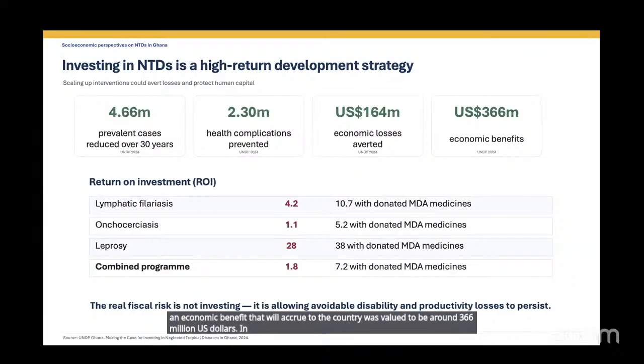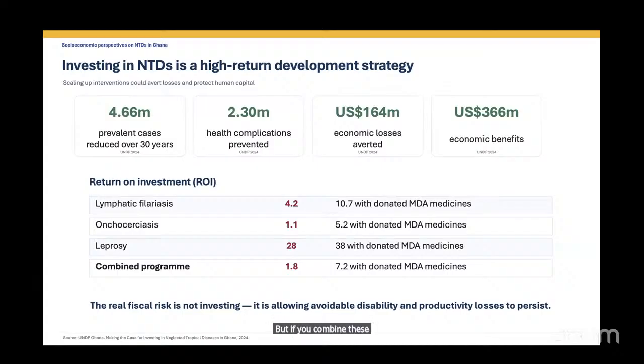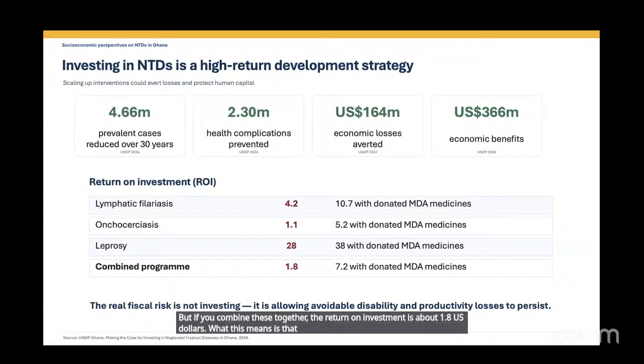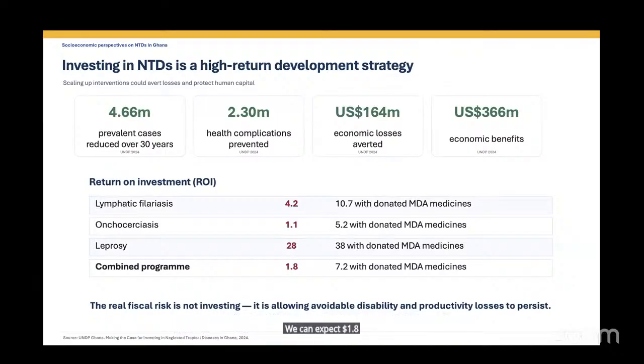In fact, if you look at the return on investment, this was done for three disease conditions: LF, onco, and leprosy. But if you combine these together, the return on investment is about 1.8 US dollars. What this means is that for every dollar we invest as a country, we can expect $1.8 back as return.